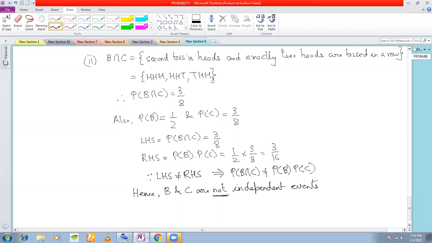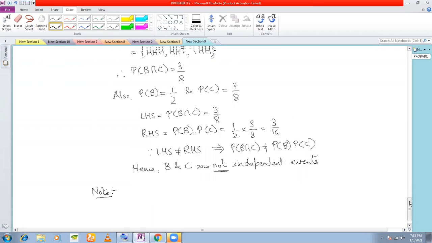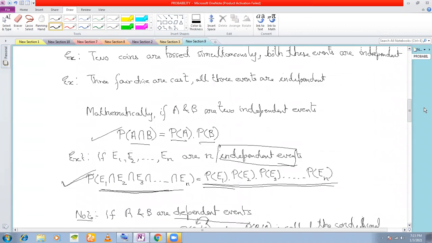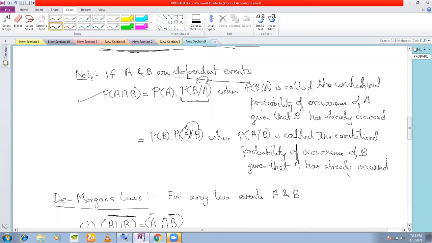If two events are not independent, what do we call them? As I told you yesterday, if you remember, if two events are not independent, then they must be dependent events.